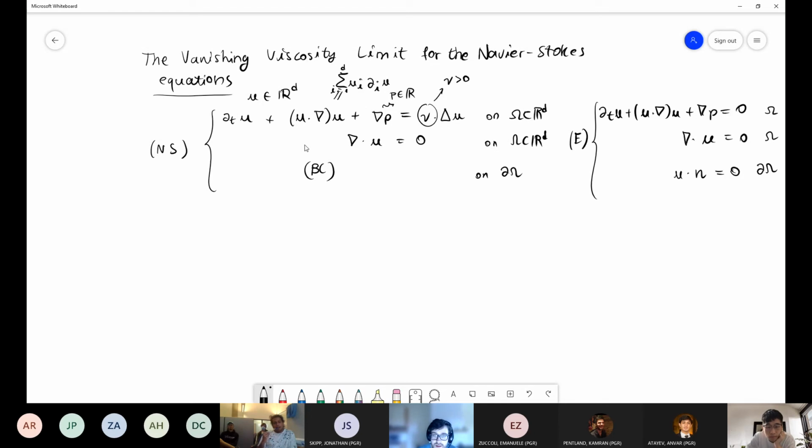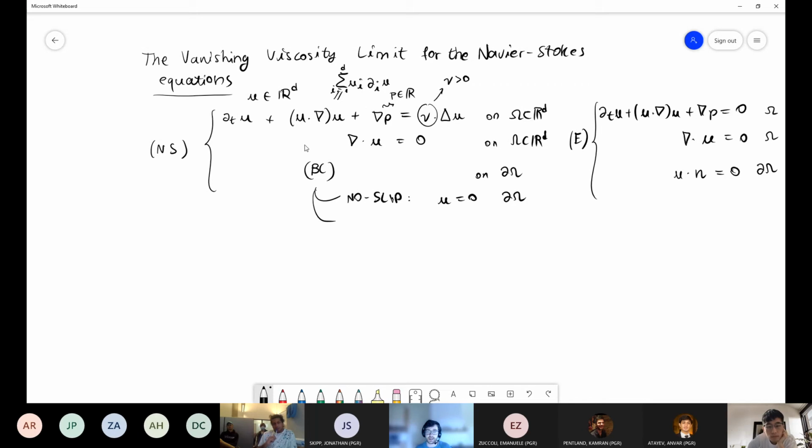All right, so let's go back to the boundary conditions for Navier-Stokes. Here we can consider two types of boundary condition. One is the so-called no-slip condition, which says that U equals 0 at the boundary. This is different from the boundary condition on Euler, because we don't require just the normal component to be 0, but the entire vector field should be 0.